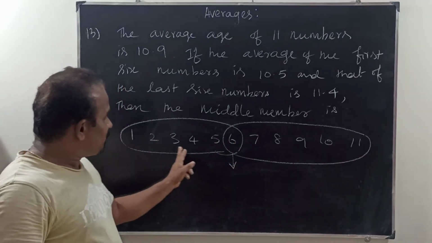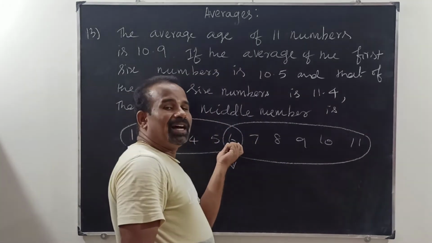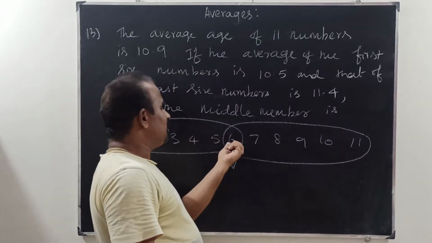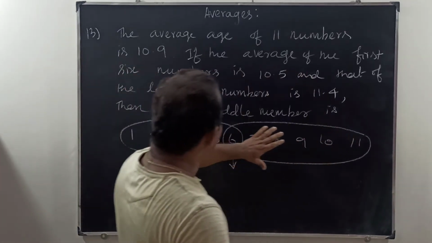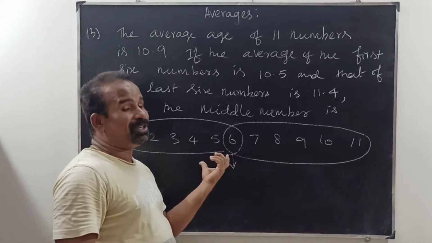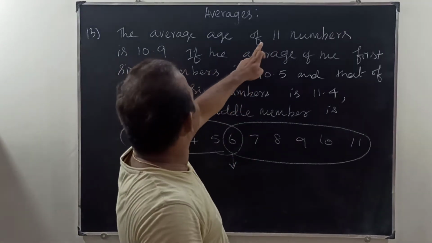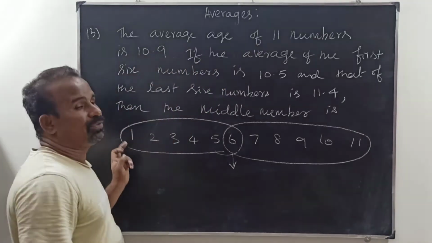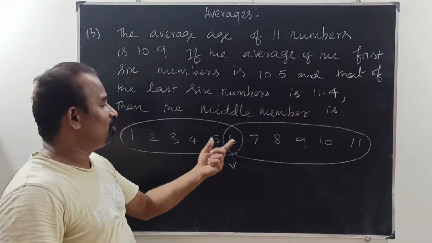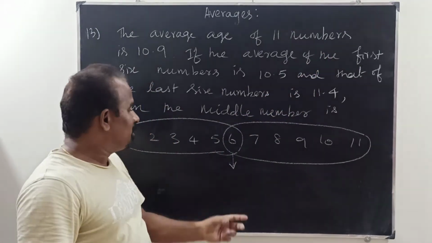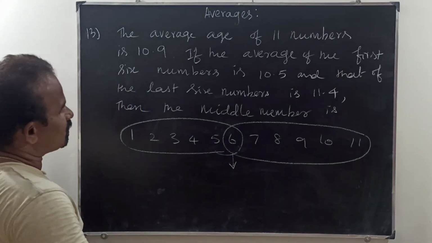We take the sum of these 6 numbers, and again the sum of these 6 numbers, so the sixth repeats. So the sum of the first 6 plus the sum of the last 6 gives the sum of 12 numbers. We already know the sum of the 11 numbers too. Therefore the sum of the 12 numbers minus the sum of the 11 numbers gives the 6th number. This is the concept.